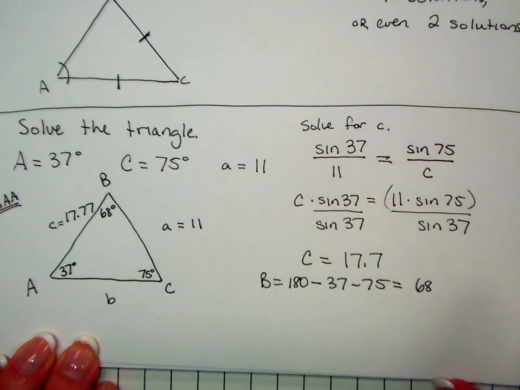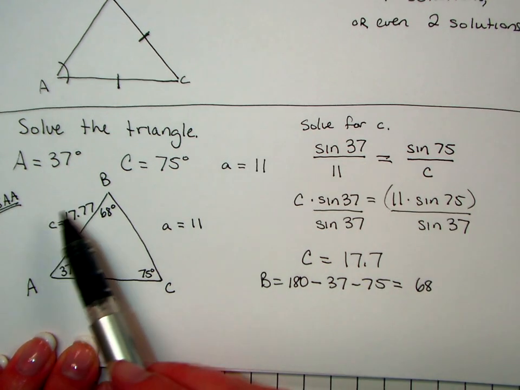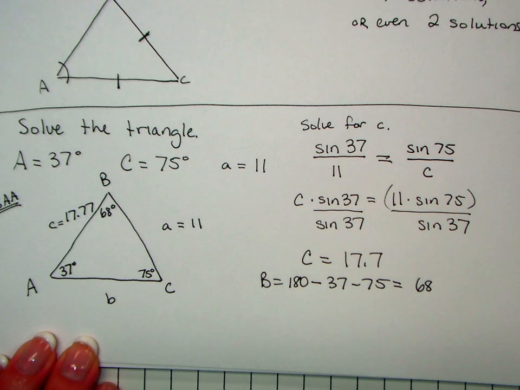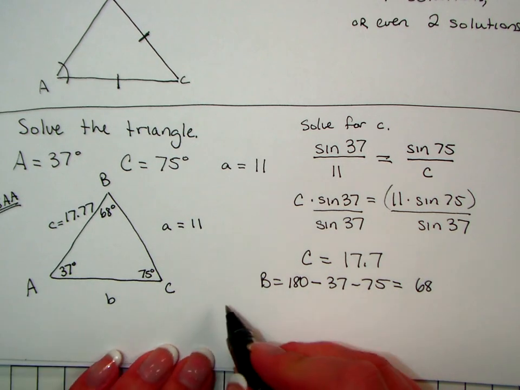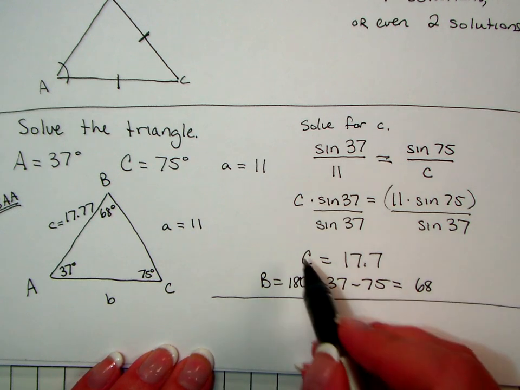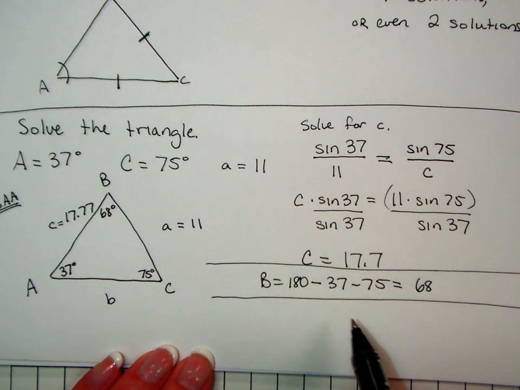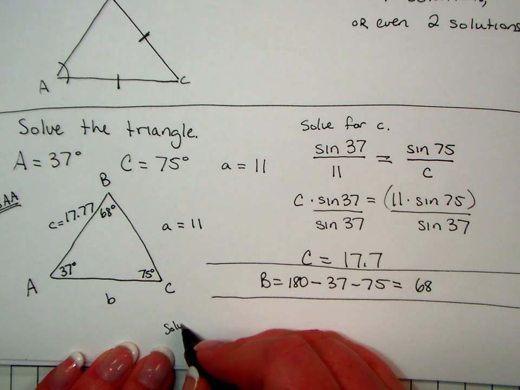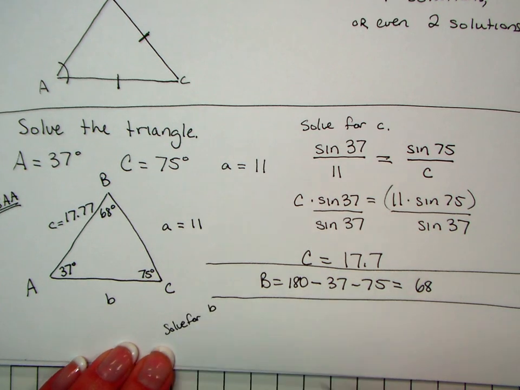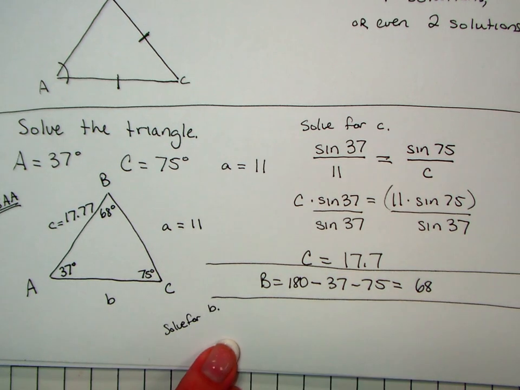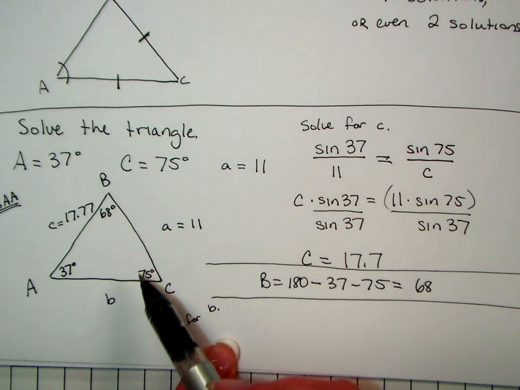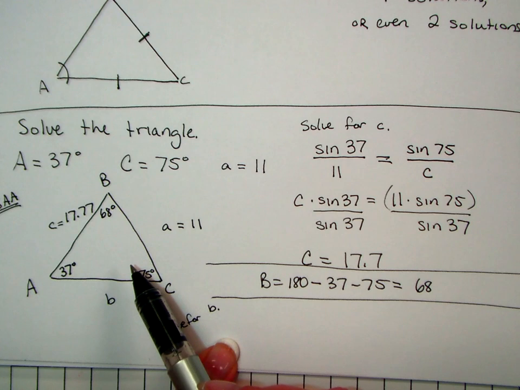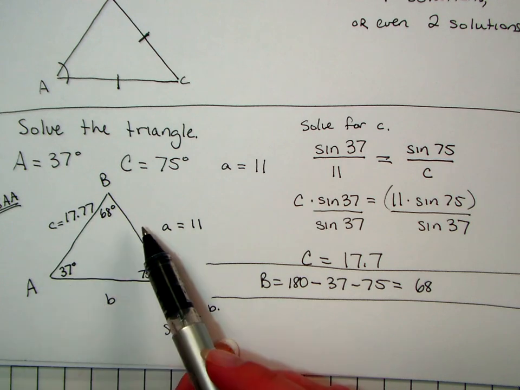And then the last item I need to solve for to solve this triangle is little b here. So let's set up another ratio with our law of sines. I'm going to label my work here. Solve for b. We could use the angle C proportion, or we can use the angle A proportion.